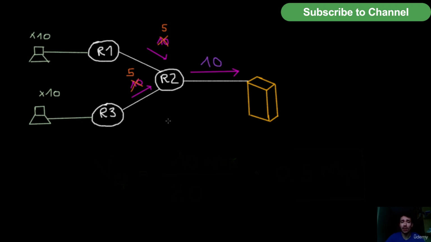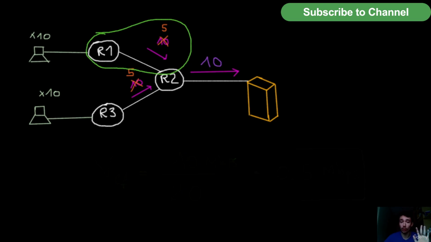Now, what is going to be the buffer occupation of these three routers? First of all, what about router 1? Let's consider this first router and the sending of data on it. Keep in mind that in router 1, together with router 3, on average 5 megabits per second come out.